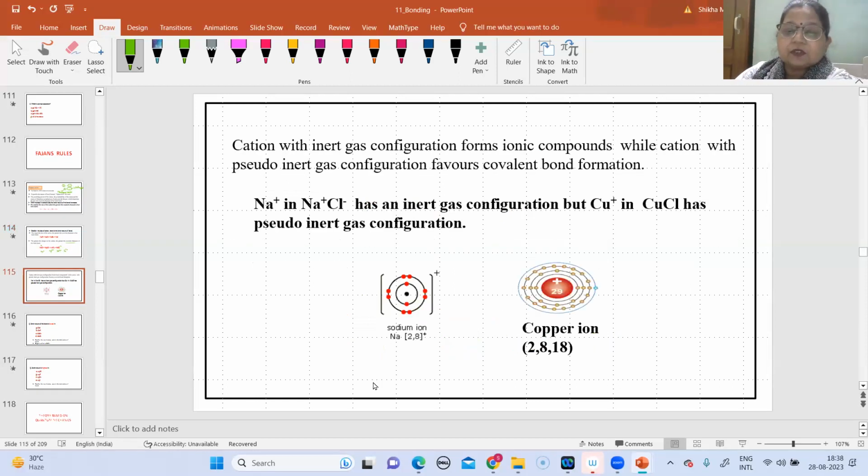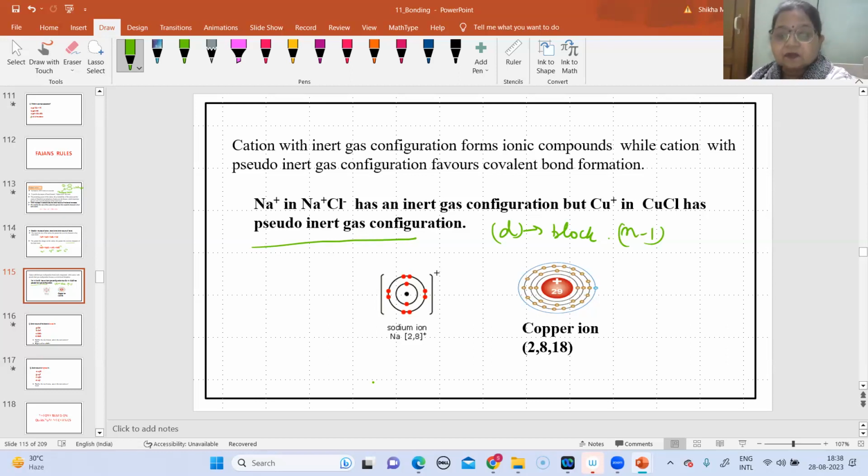Now, let's understand what is the meaning of a pseudo-inert gas configuration. Pseudo-inert gas configuration applies to d-block elements, right? D-block elements in which the electron is added to the penultimate orbital, the (n-1) d level. So they are said to have a pseudo-inert gas configuration.